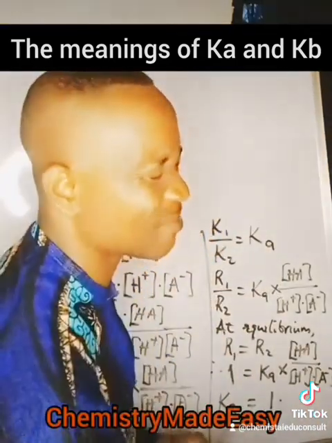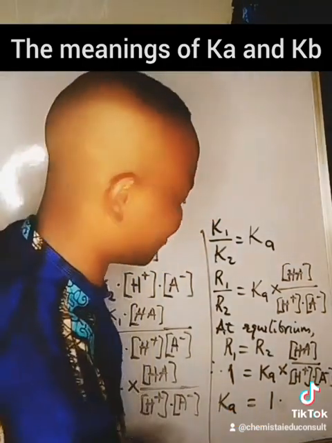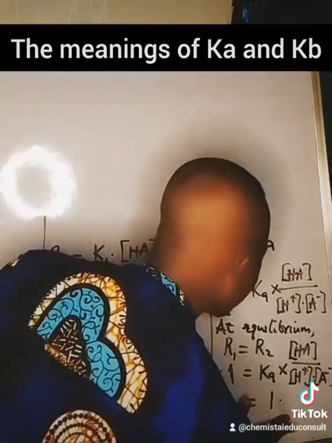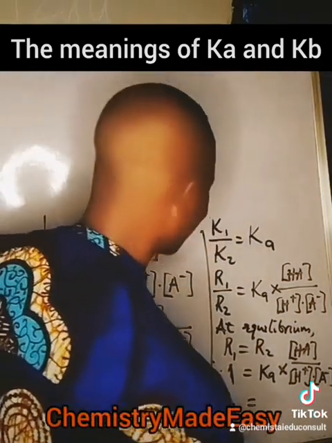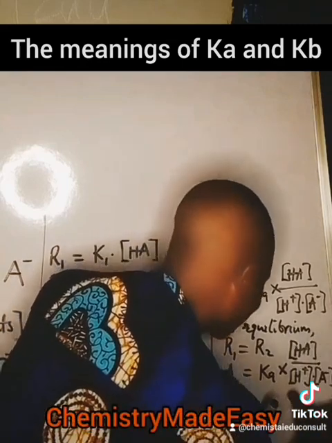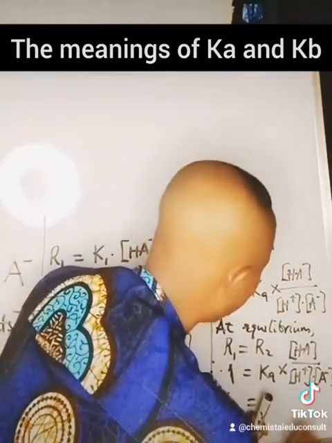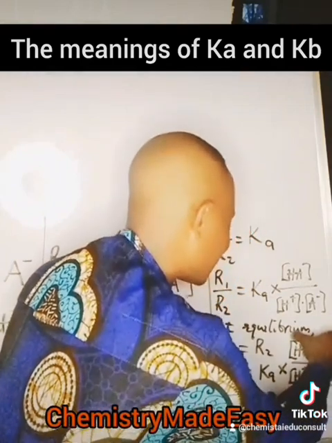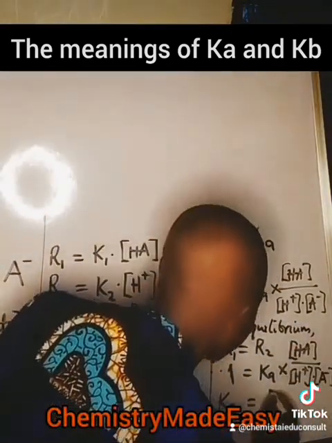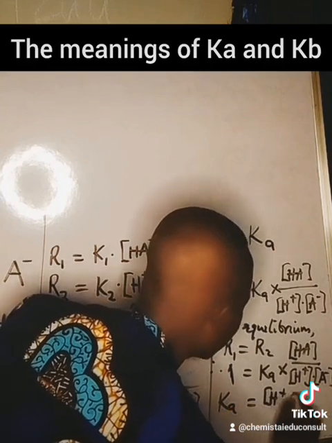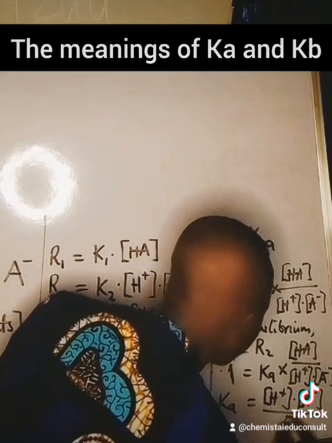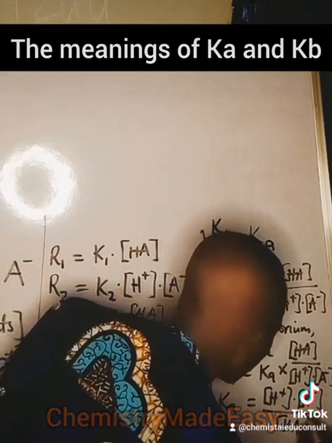And 1 times anything is that thing. So we can equally remove this 1 and just say, bear in mind it is 1 divided by this, which is the same thing as 1 times this over this, and 1 times this over this is this over this. So we write it there: [H+]·[A-] divided by [HA].